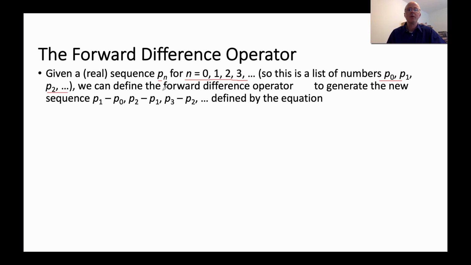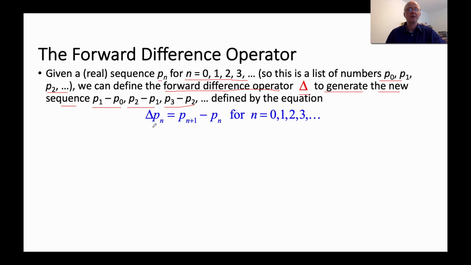We can define the forward difference operator delta, capital delta, that's the symbol for the forward difference operator, to generate a new sequence, P1 minus P0 being the zeroth number in the new sequence, P2 minus P1 being the first, P3 minus P2 being the second.